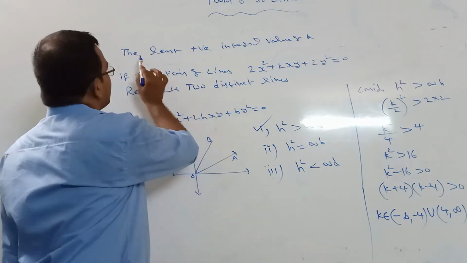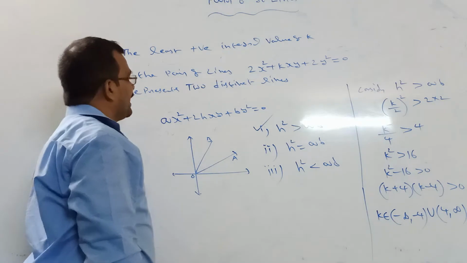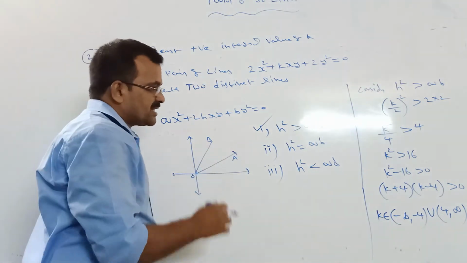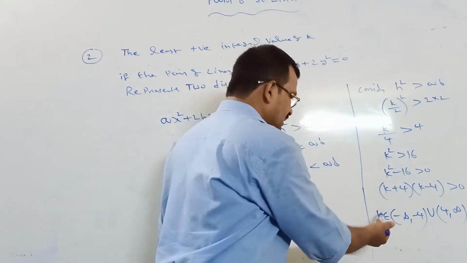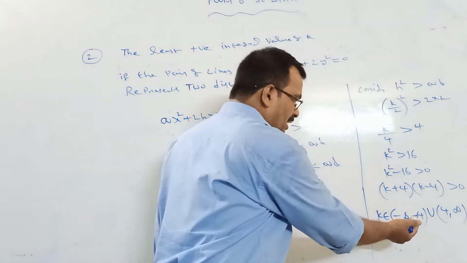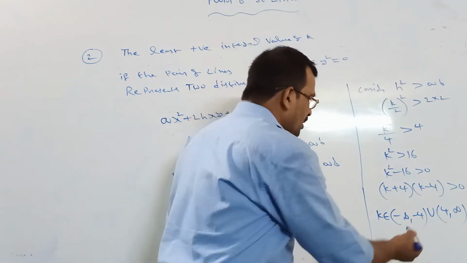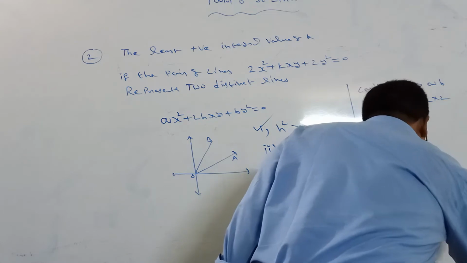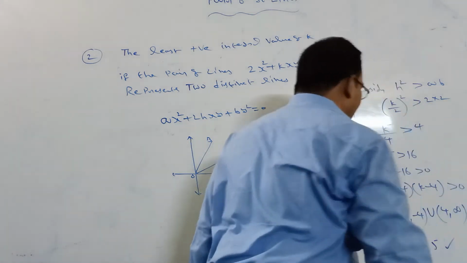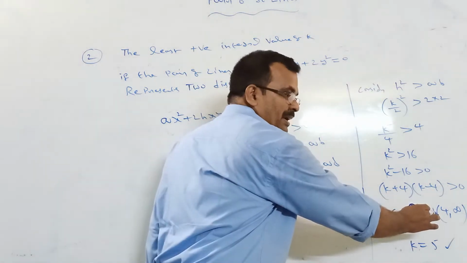But our question is, what is the least positive integral value of k? The possible range is k belongs to minus infinity comma minus 4 union 4 comma infinity. Here the possible least positive integer is k equal to 5. 4 cannot give two distinct lines, since it is an open interval.